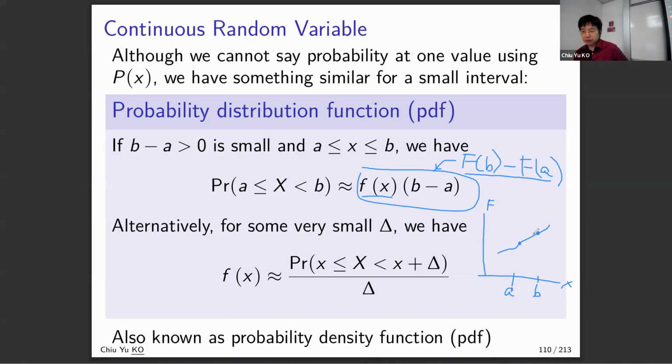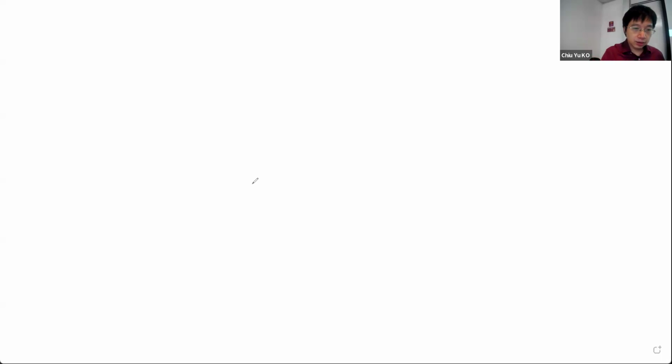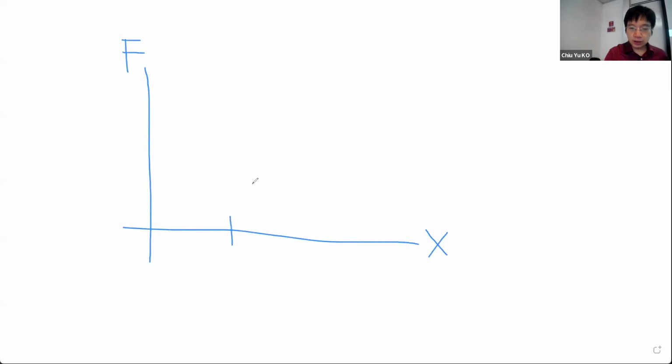So what I'm going to do now is, maybe I use a bigger screen to give you some idea. So this is X, this is F, and this is A, this is B. I don't know how it looks, but at least it's going up.